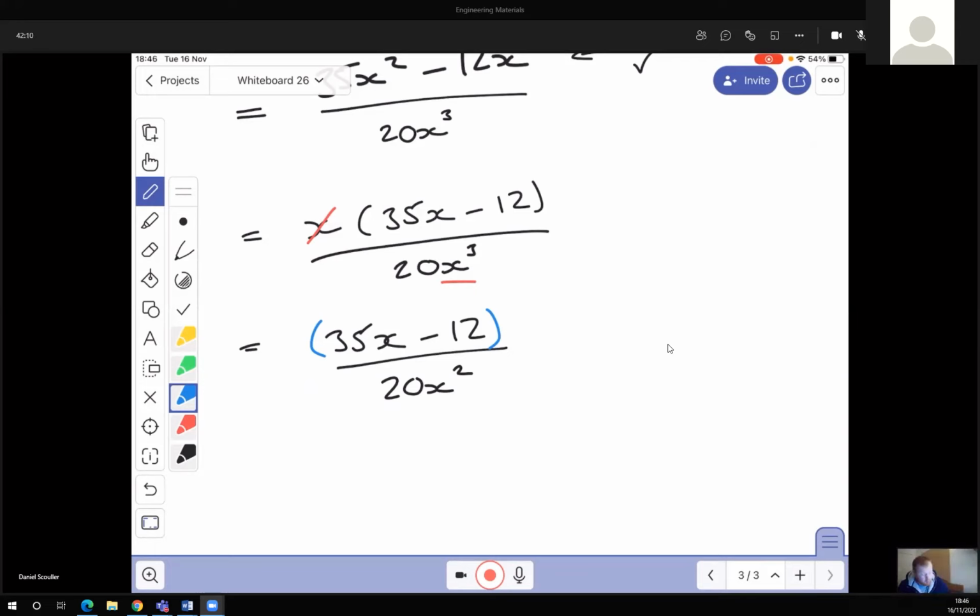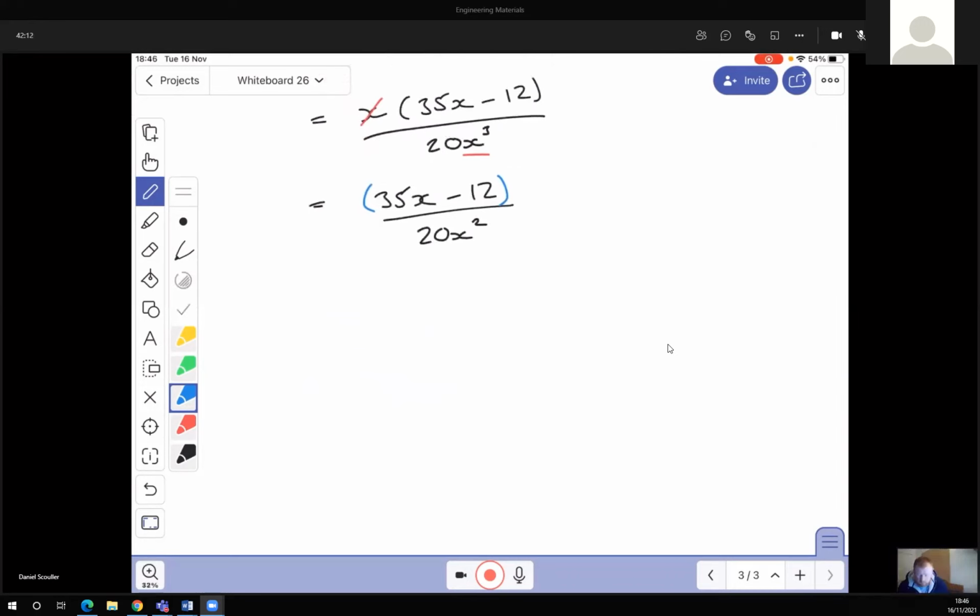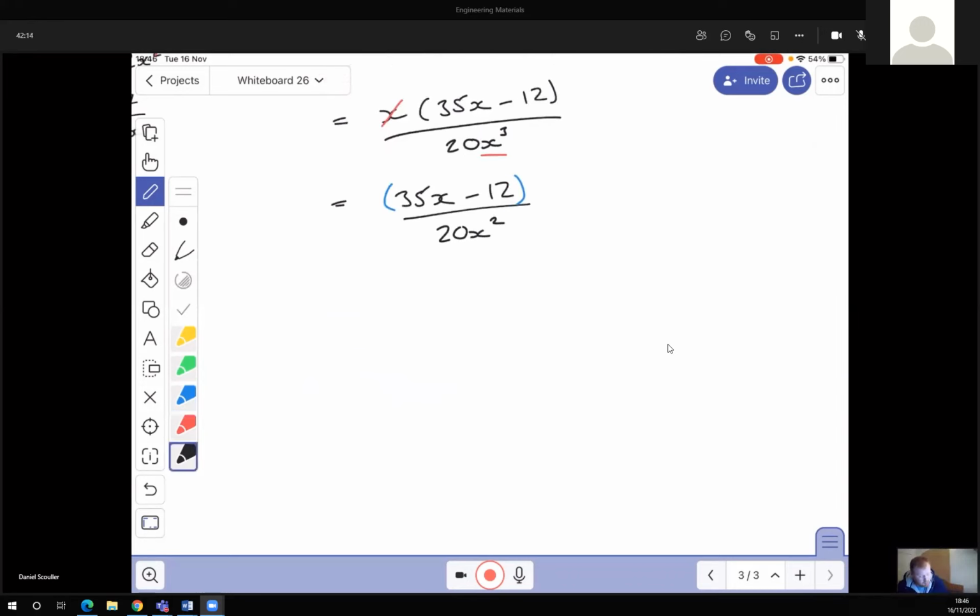Okay, one more example. You might just get a number like that. So how would you go about doing that? If it said express as a single fraction in its simplest form, what it's looking for you to do is create the same denominator on the bottom.